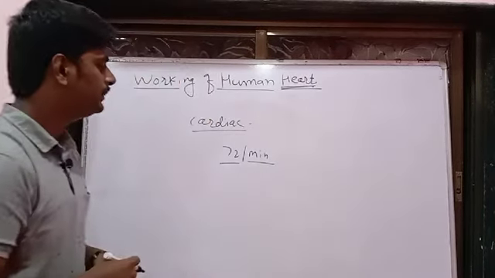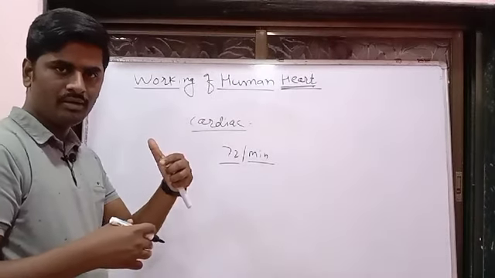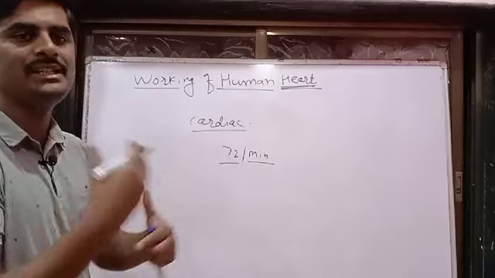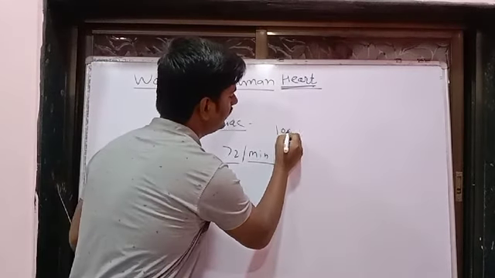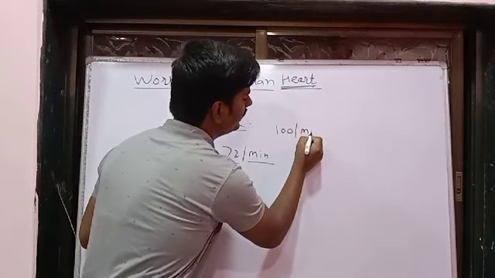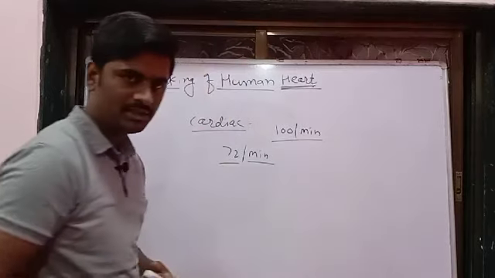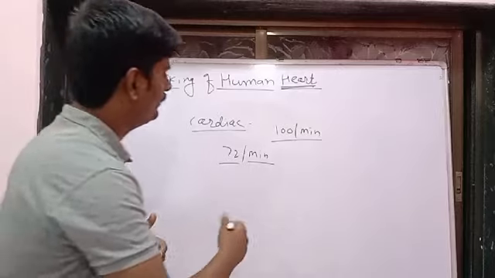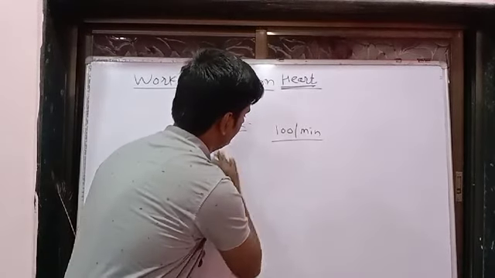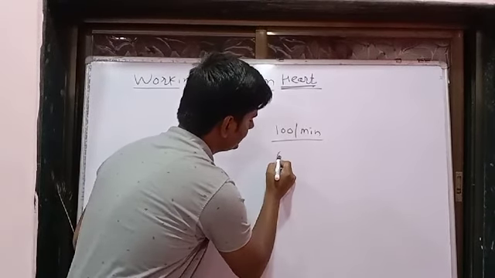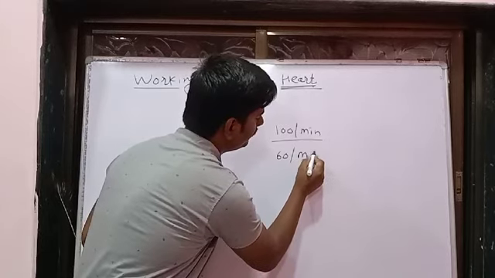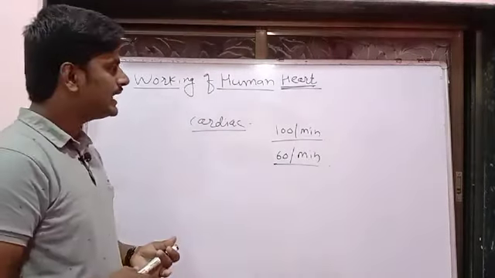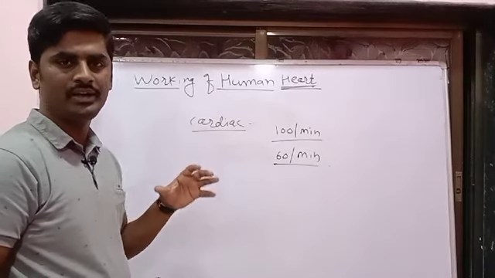Obviously, its speed is sometimes high, sometimes low. Whenever our heartbeat increases up to 100 beats per minute, we call it tachycardia. And when our heartbeat comes below 60 beats per minute, we call it bradycardia. Okay, so this is the basic information regarding the heart.